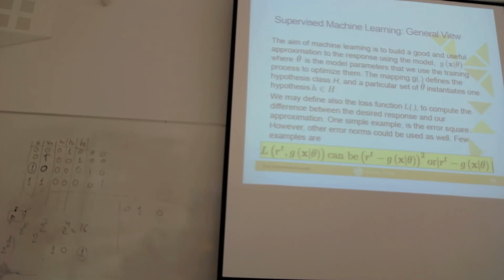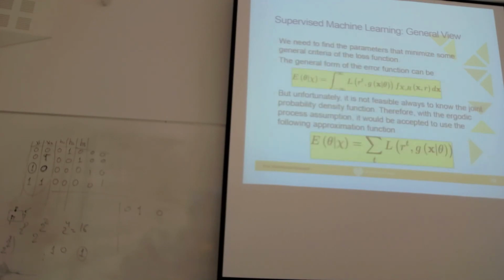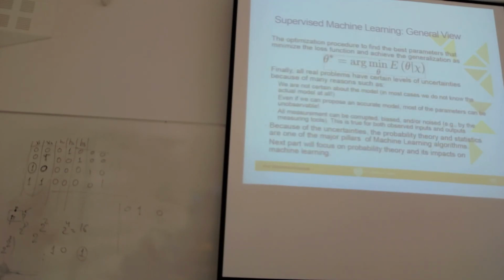Next lecture we will start talking about probabilistic models and Bayesian-based classification. This will be discussed more in the coming lectures. But anyhow, in the learning process, we are always looking for the optimum parameters that minimize the expected value of the error based on the training sequence that we have.